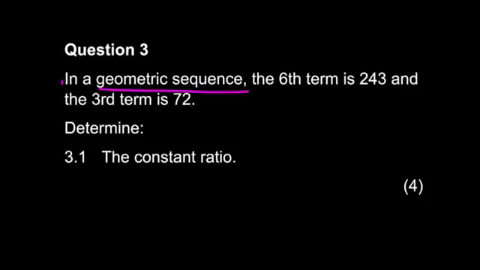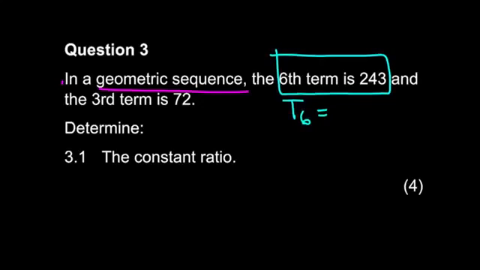Okay, so remember what we said. What is the model to get the 6th term as 243? That would be T6 is equal to, it's geometric, so it's AR to the n minus 1. And T6 is equal to 243. The 3rd term is 72.